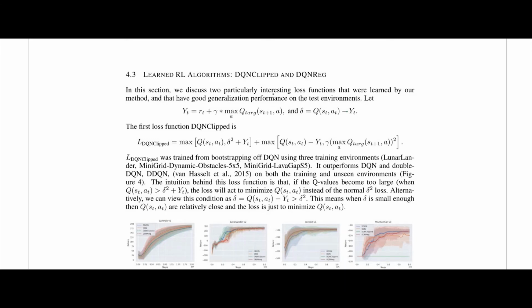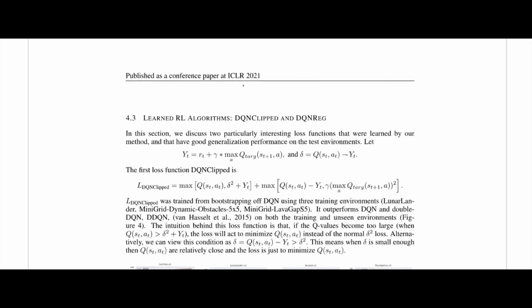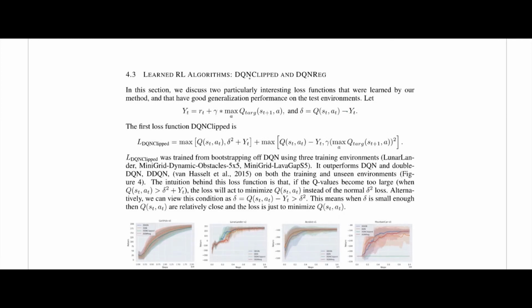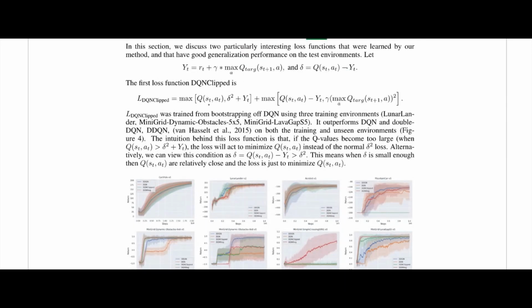So what happens is that when they run the bootstrap experiments, their algorithm learns two variants of Q-learning, which they named DQN clipped and DQN regression. So first coming to DQN clipped, the discovered loss function looks like this. Here, gamma is this, delta is this.